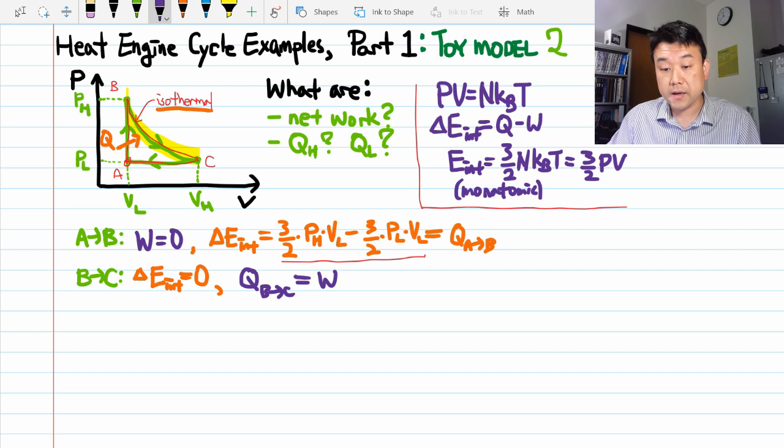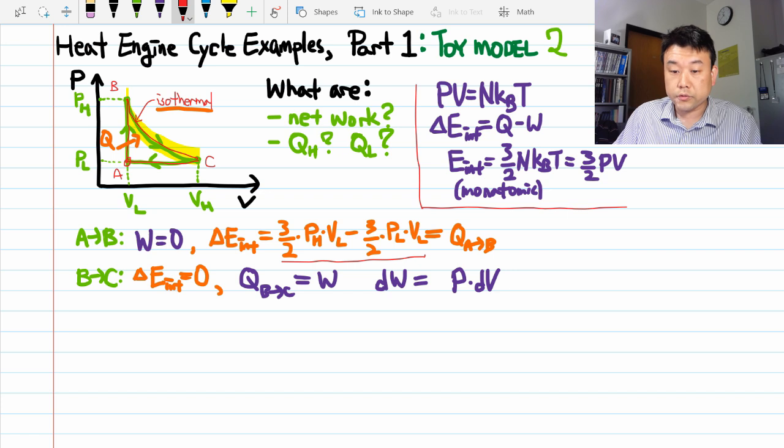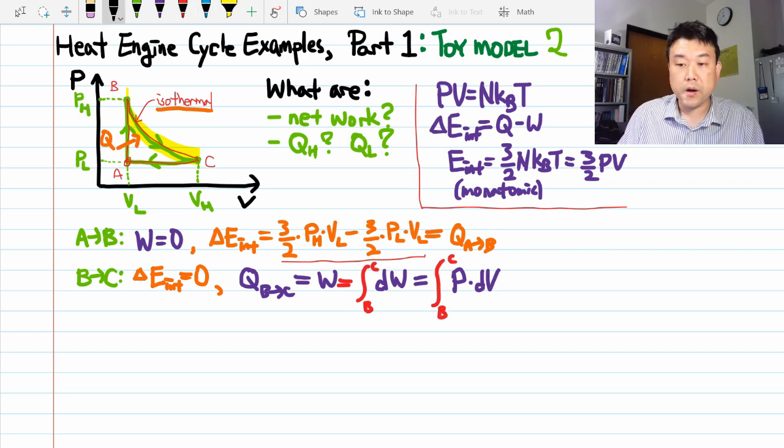So we can't just say work done is pressure times change in volume. Instead, we need to say that the infinitesimal amount of work done is equal to pressure times the infinitesimal change in volume. And in order to calculate the total amount of work done, we would need to integrate from point B to C. Alright, so this is where we use the ideal gas law to express the pressure here in terms of volume, the integration variable, and other things that are hopefully constant.